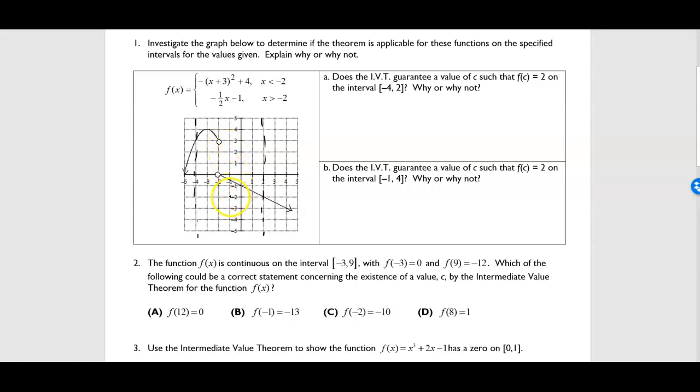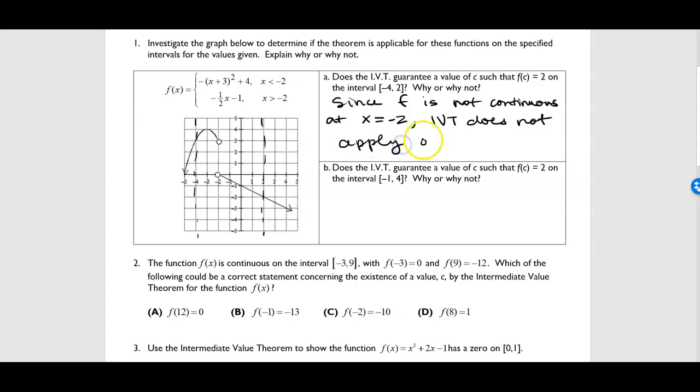This graph I can see is not continuous at -2. So automatically, if my graph is not continuous, then the intermediate value theorem is not guaranteed. So we're going to say, since f is not continuous at x equals -2, IVT does not apply on -4 to 2.